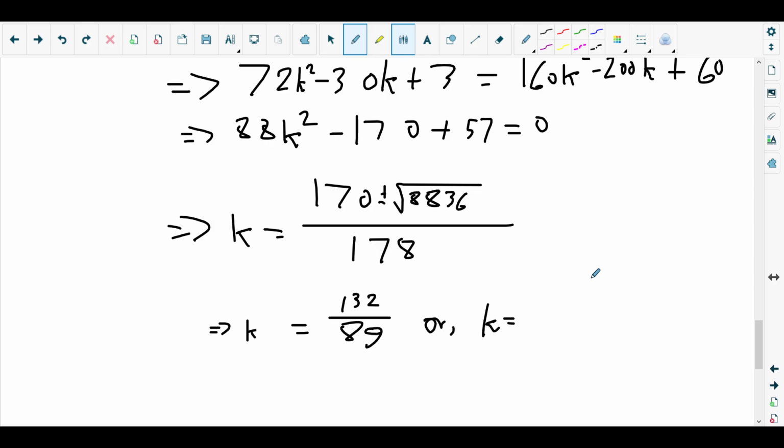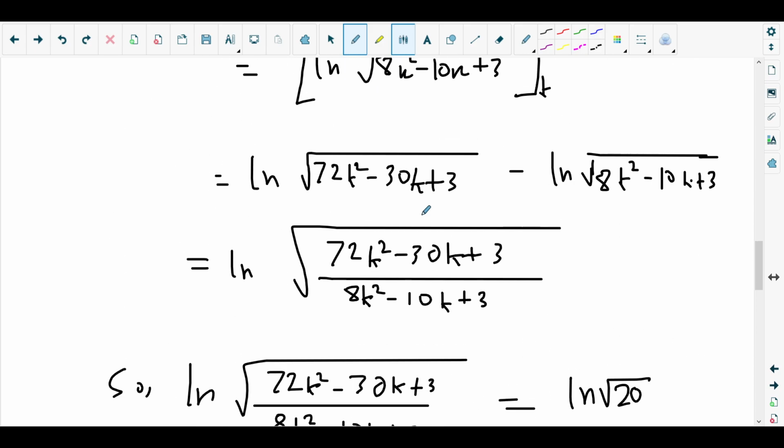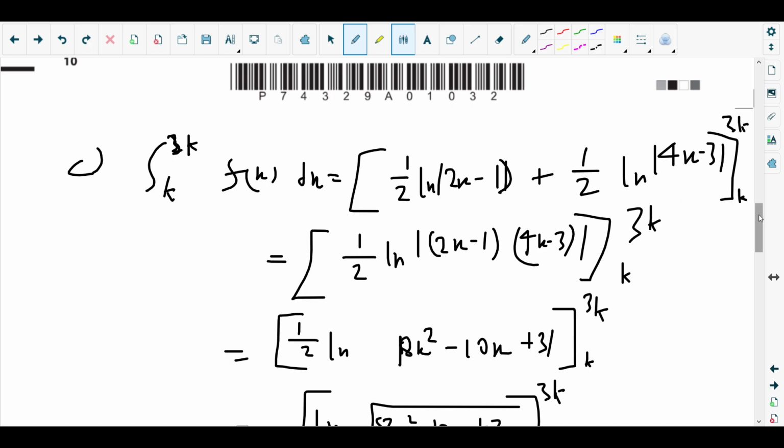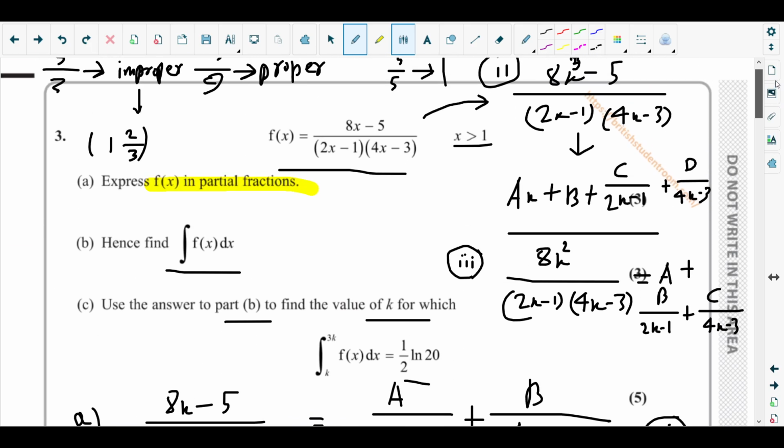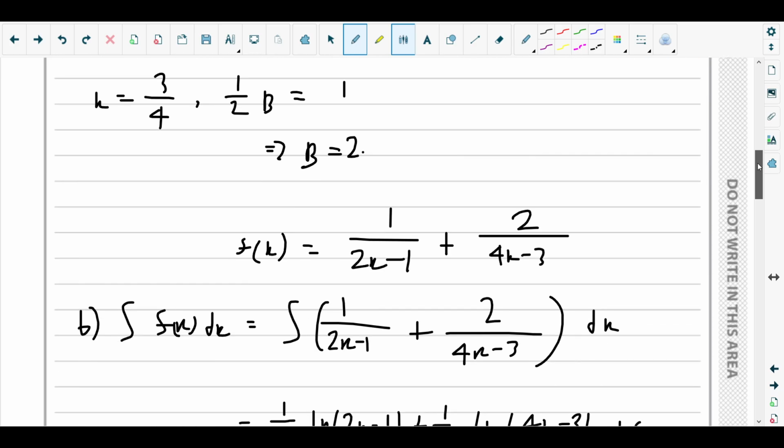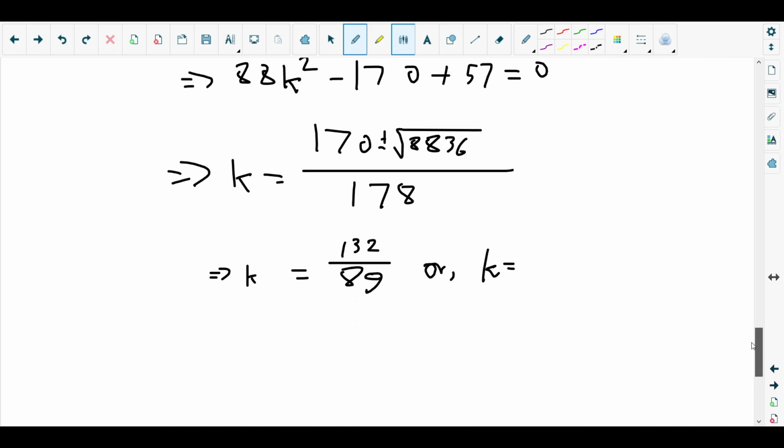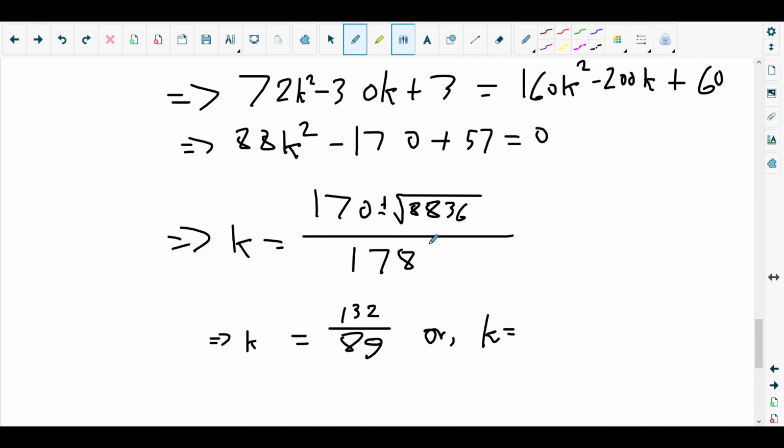It seems a bit odd to see these values. Did they give any range or limit for k? No. So I think we made some mistake in the calculation.